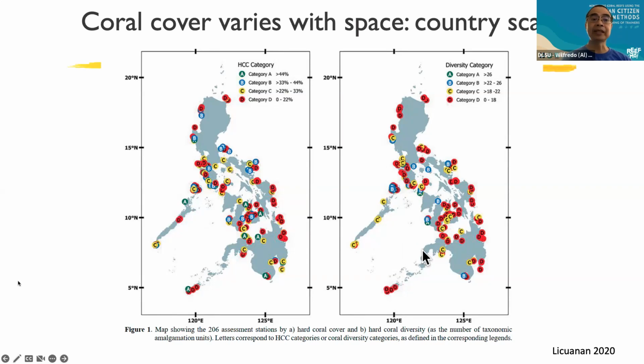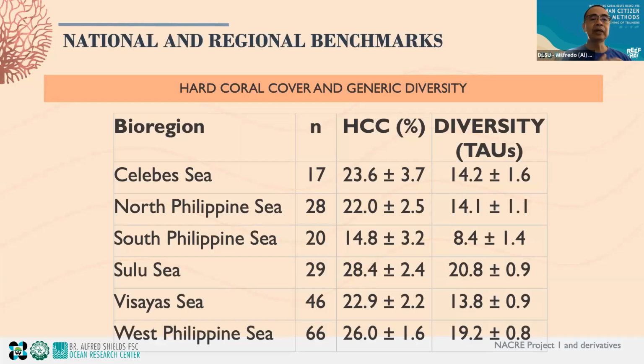So they are on the west side of the Philippines. The stratified random sampling scheme I described earlier also allowed us to come up with not just a national average, but also averages for specific bioregions.